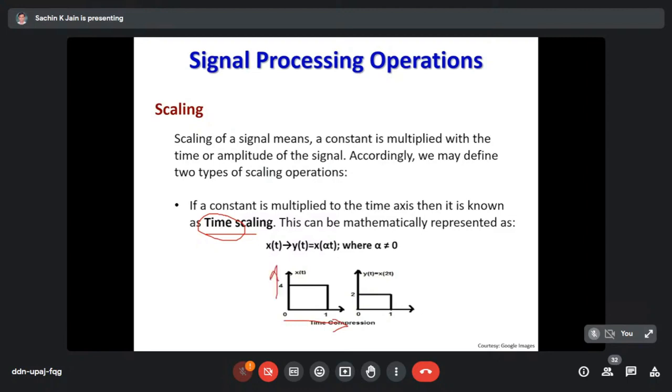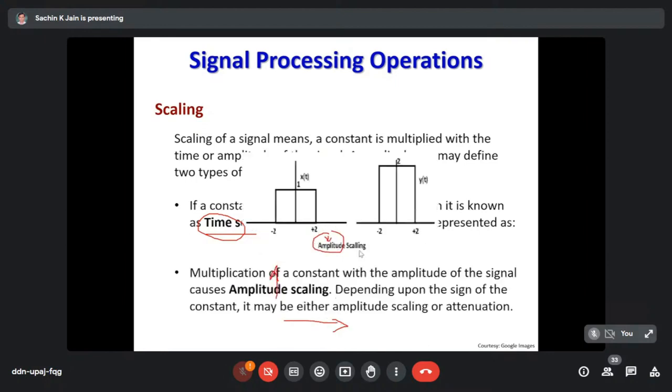Both are possible. The y-axis scaling we generally term amplitude scaling, and x-axis scaling is termed time scaling because in most cases time is the independent variable. It is represented like this: in time scaling, we multiply the time by alpha.